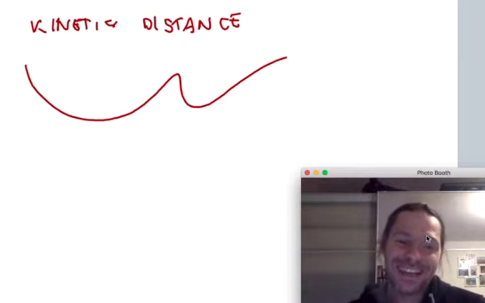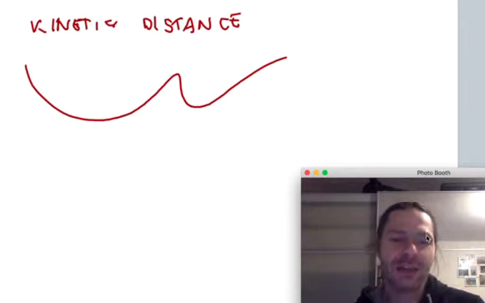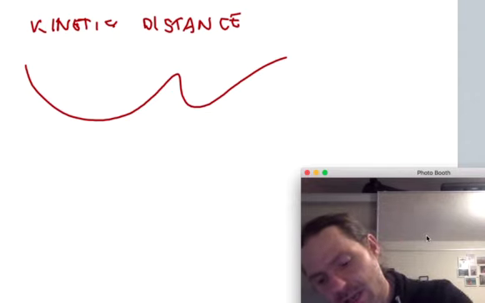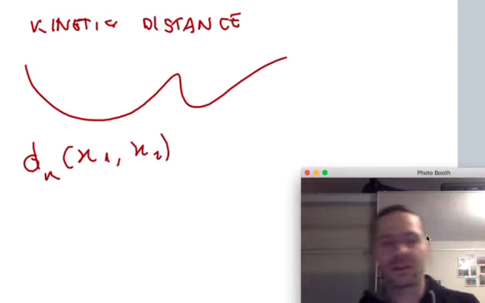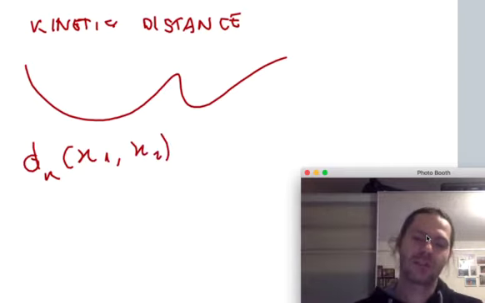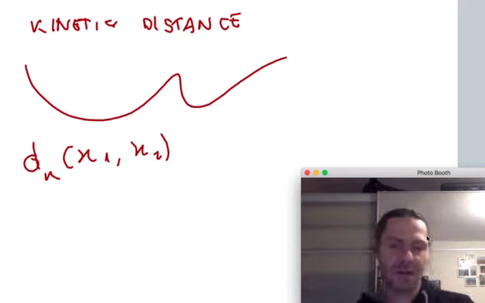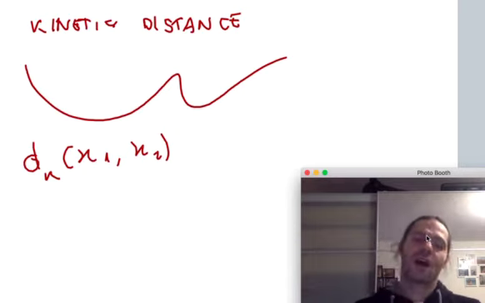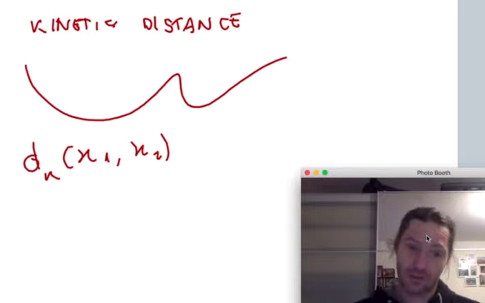Clearly, if we can define a metric, a norm, some kind of metric dk, which depends on two configurations, such that when this metric is small, these two configurations are in the same basin, and when this metric is large, the configurations are in different basins, then this would carry very valuable information for the problem of dimensional reduction that I was referring to.